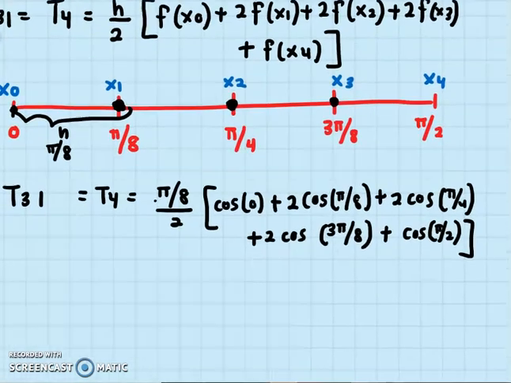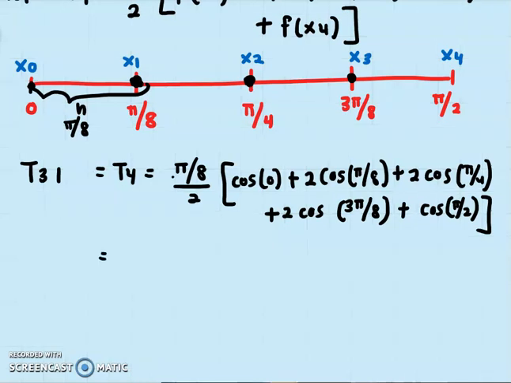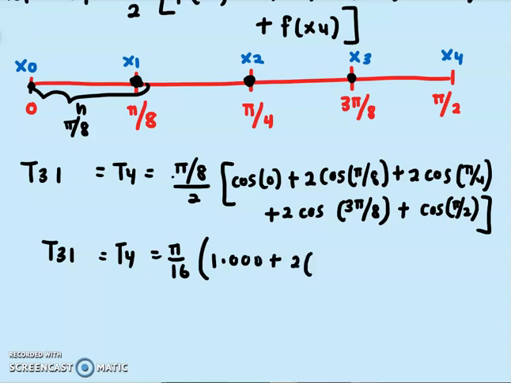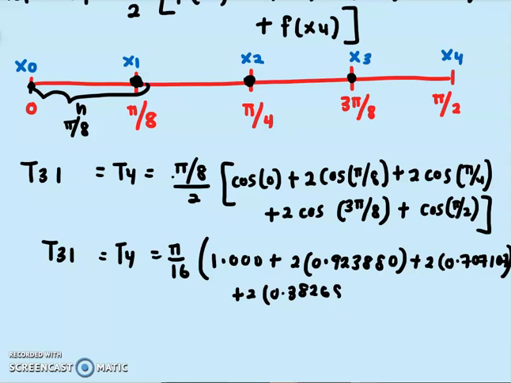Okay, so using your calculator, your T4, your T31, equals pi over 16 times cos 0, which is 1, plus 2 times cos pi over 8, which is 0.923880, plus 2 times cos pi over 4, which is 0.707107, plus 2 times cos 3 pi over 8, which is 0.382683, and lastly cos pi over 2 is 0.